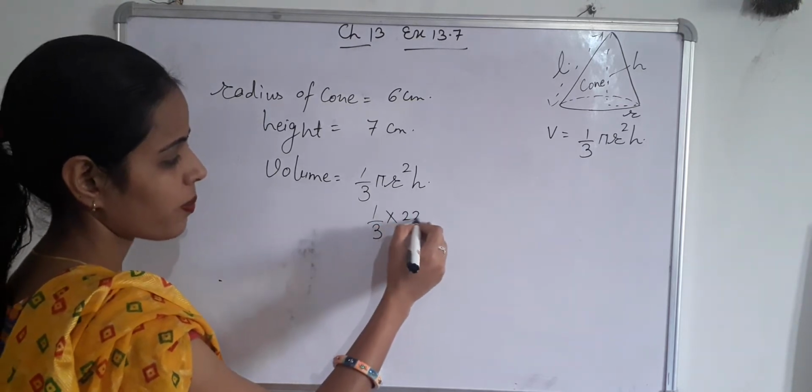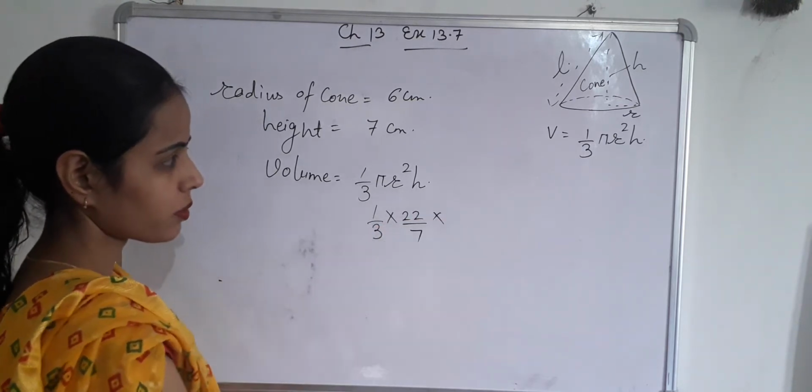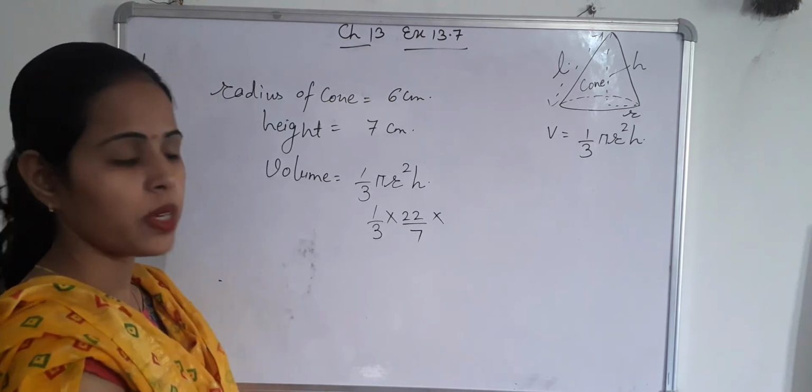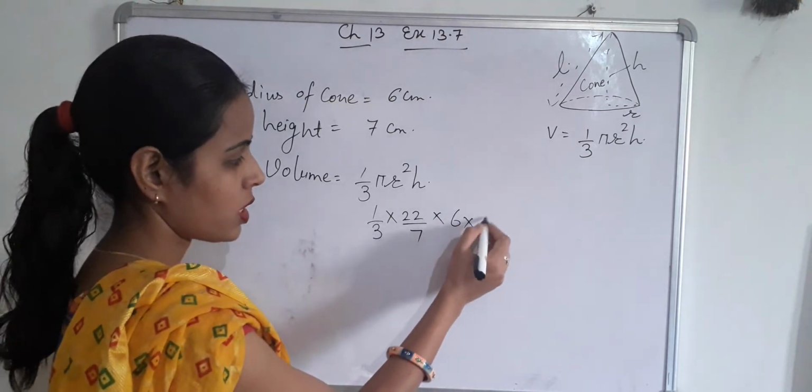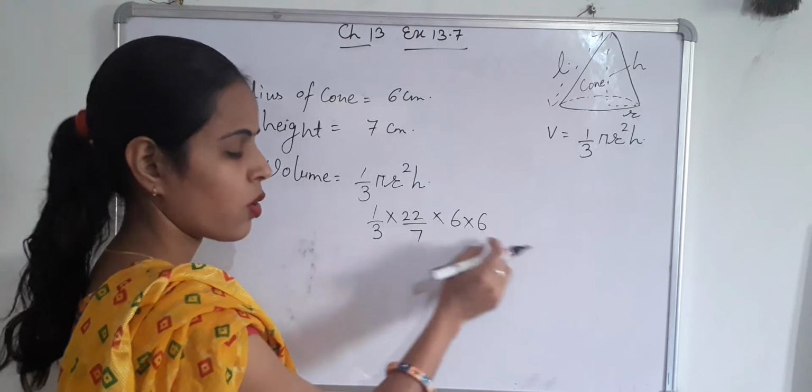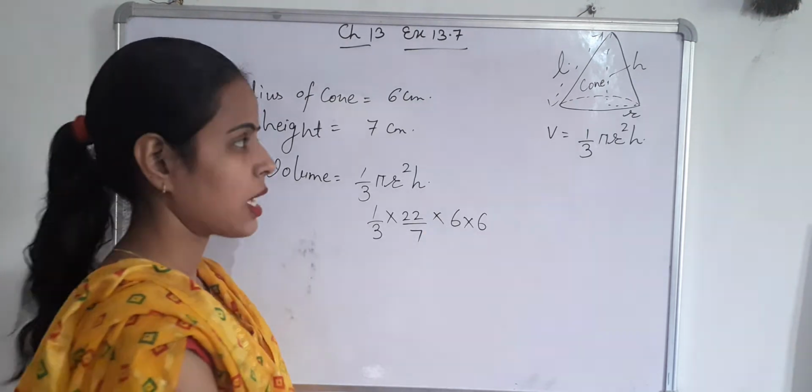1 upon 3 pi r square means 6 into 6, square of r, R is 6.